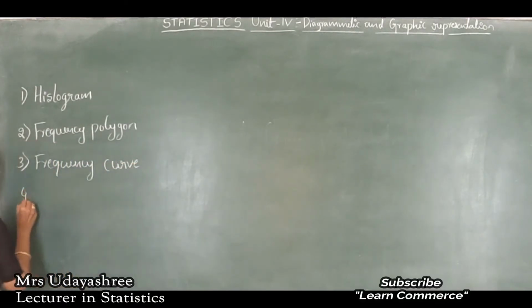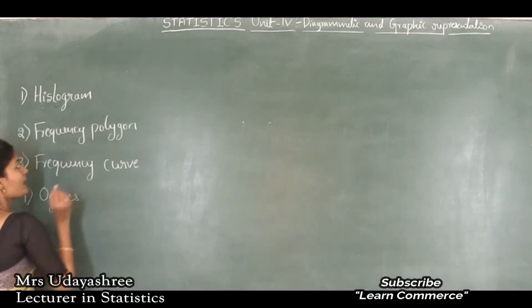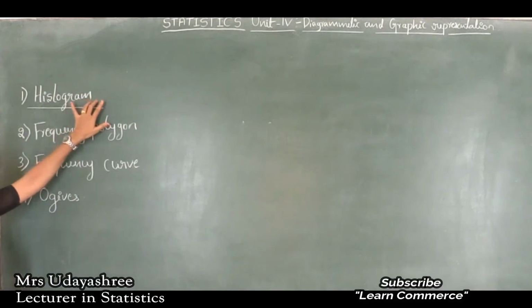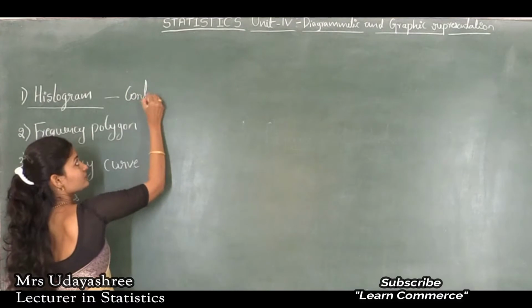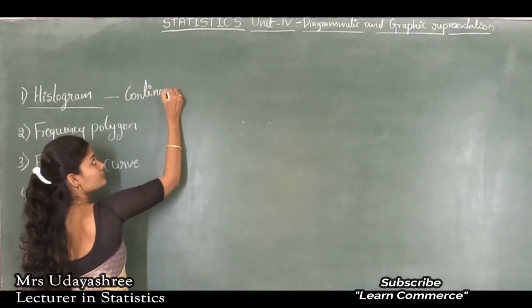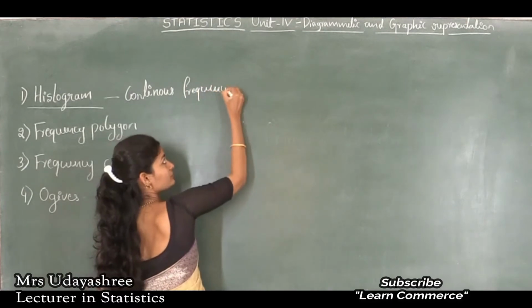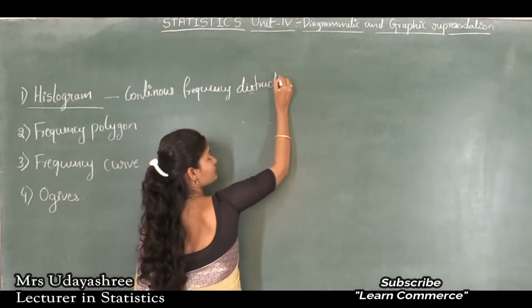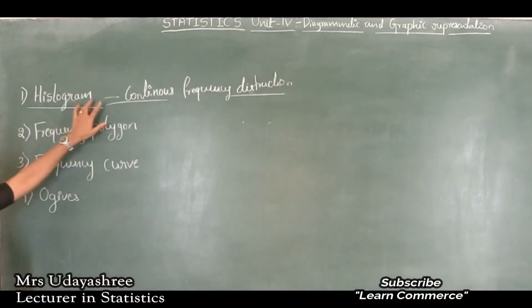Fourth one, ogives. And this histogram is constructed for continuous frequency distribution, and the construction of histograms we have already discussed.